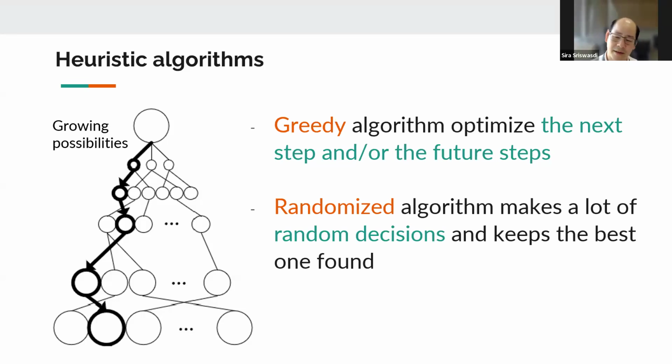And sometimes we can guarantee that if we randomize and we sample enough, we can get close to the best answer. Maybe not the best answer, but we can get close. So these are different classes of algorithms that can help when dynamic programming is not good enough.